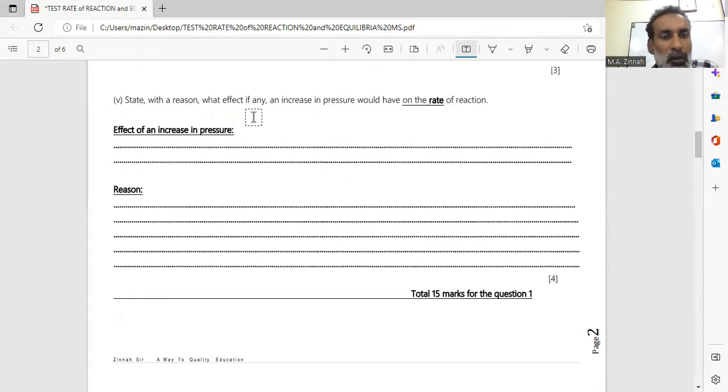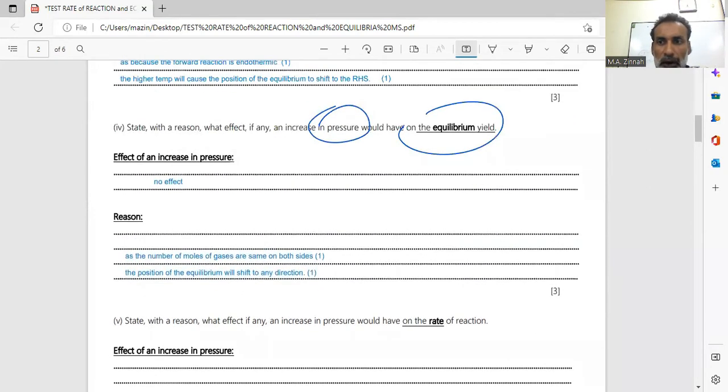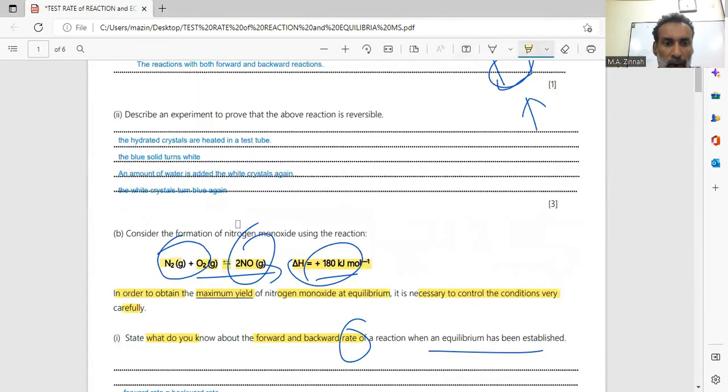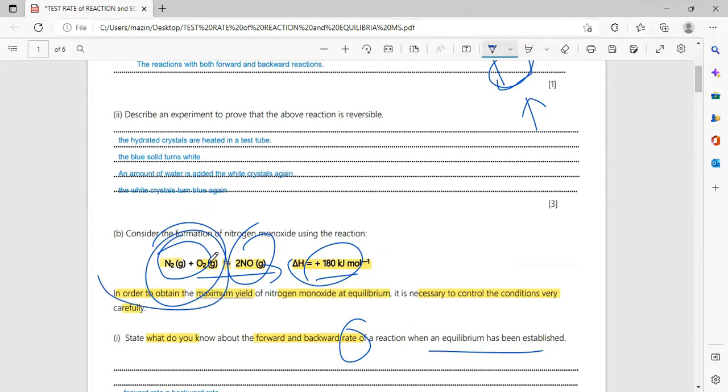State with the reason what effect, if any, an increase in pressure would have on the rate of reaction. Look, this is for rate. Remember, this is for rate. Here are the reactants. Reactants are gaseous, right? When they are gaseous, suppose this is a compressor and the reaction mixture, the reactants, are there.